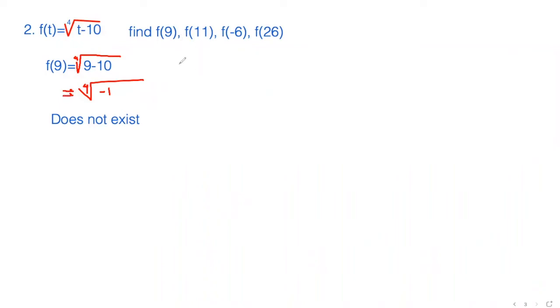Now f(11). We can write 1 equal to 1 to the power 4. We can raise 1 to any power. So then this 4 and this 4 cancel, the radical cancels, so the answer is 1.